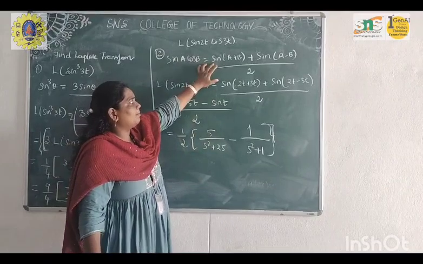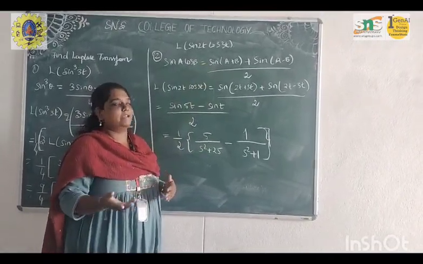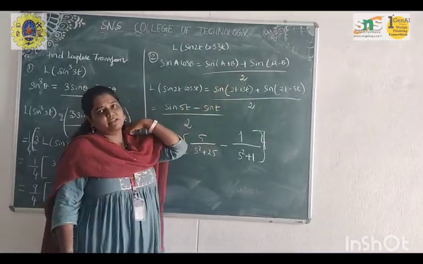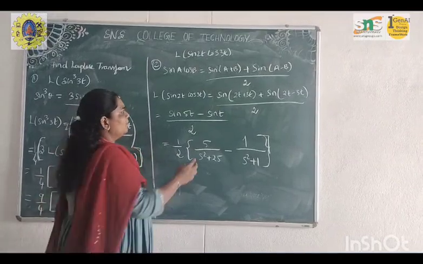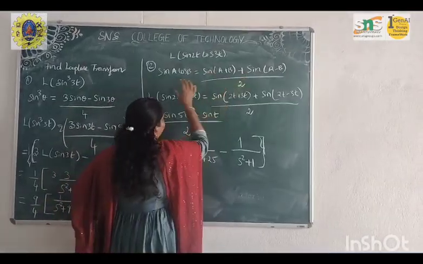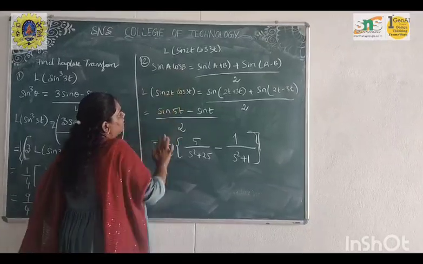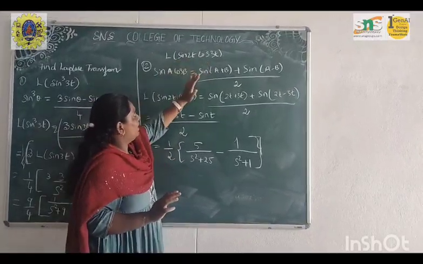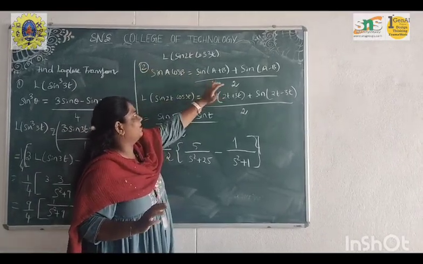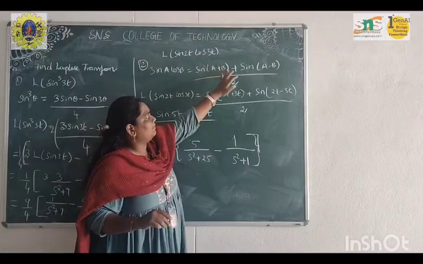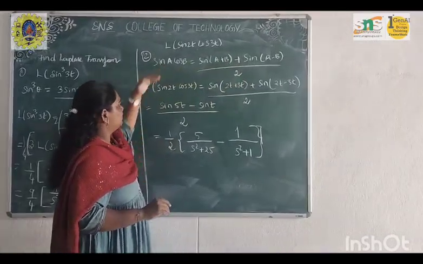Sin(A plus B) is sin A cos B plus cos A sin B. Then sin(A minus B) is sin A cos B minus cos A sin B. So adding these two, we will get the term 2 sin A cos B. We need sin A into cos B alone, so we are shifting the 2 as a denominator here. So sin A cos B is sin(A plus B) plus sin(A minus B) divided by 2.